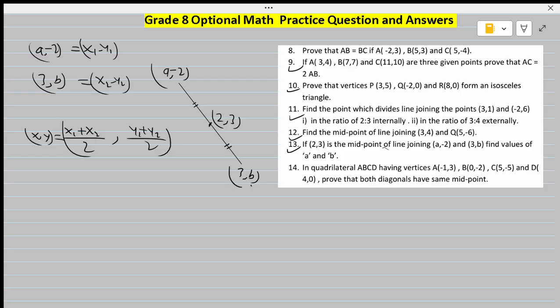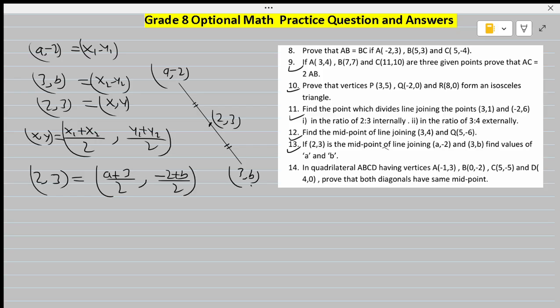We keep 2 comma 3 as the midpoint x y. Now we place the values: x y is 2 comma 3, and x1 plus x2 is a plus 3 by 2, and y1 plus y2 is minus 2 plus b divided by 2.